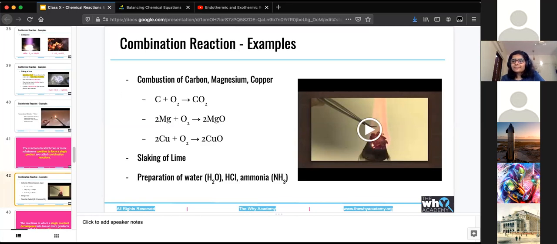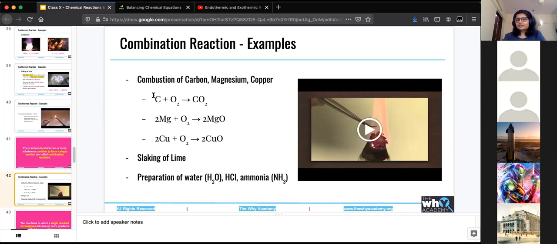Okay, yeah, Nethri. It's a combination reaction because carbon and oxygen are combining to form one product, which is carbon dioxide. Yes, absolutely. Nice. So if you see that there are multiple things, two or three things on the LHS, all of them are joining together to form only one thing here. So that's combination.